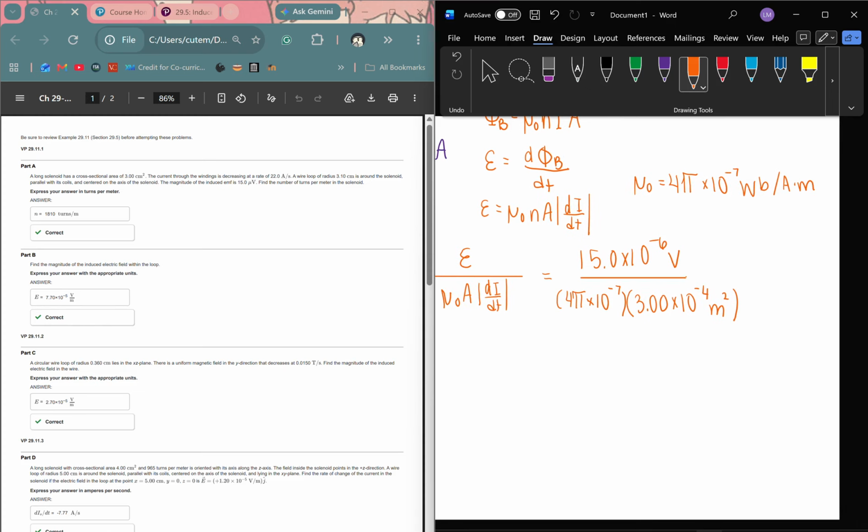And then now we have dI over dt, the current through the winding, which is decreasing at a rate of negative 22.0 basically. Now we're going to calculate everything to find the n, the number of turns.